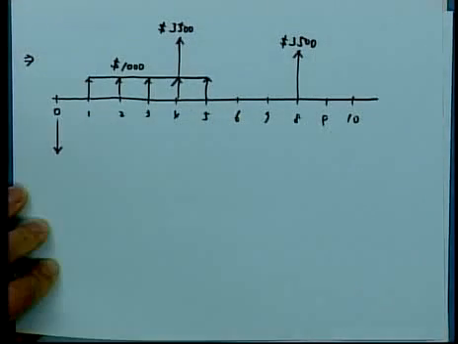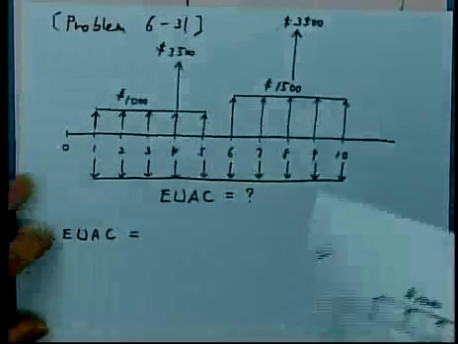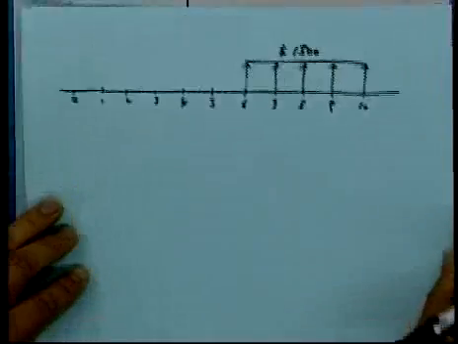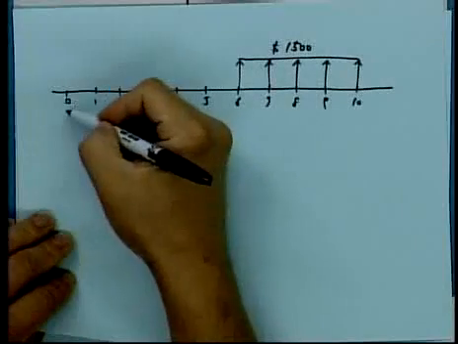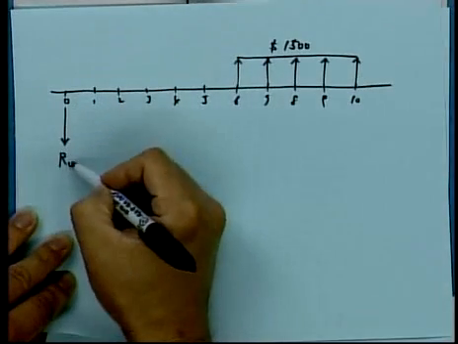Let's say here we have Q sub 0, and here we have R sub 0.